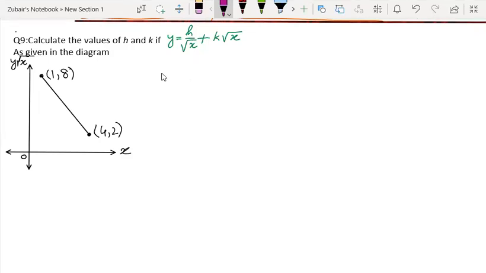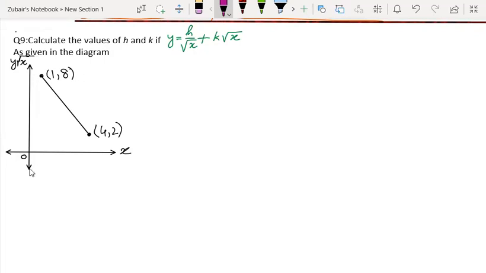So in question number 9, we have to calculate the values of h and k, as the given equation is y is equal to h upon under root x plus k under root x. And the diagram is also given. We can see that the horizontal axis is represented by x and the vertical axis is represented by y under root x.